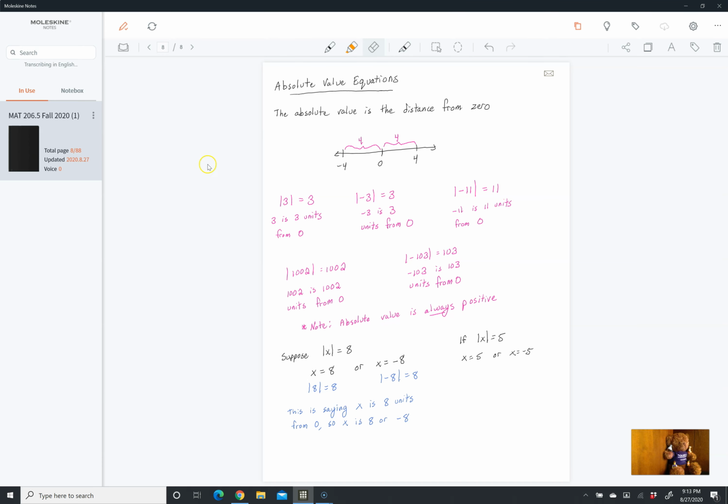Okay, so again, what are we saying here? We're saying the absolute value of 5 is 5. We're saying the absolute value of negative 5 is 5. Said in another way, we're saying x is 5 units from 0.